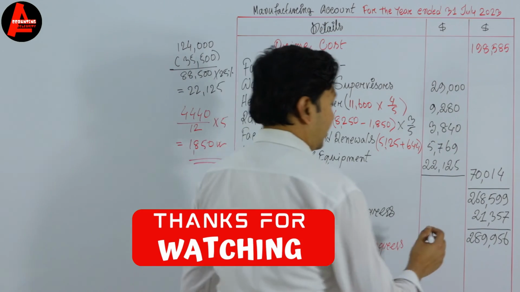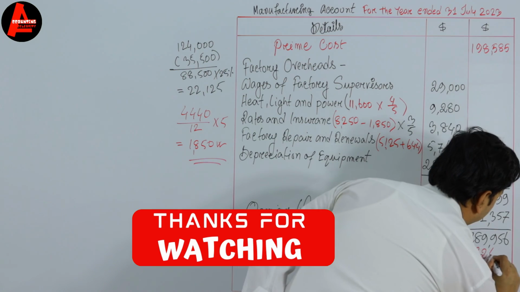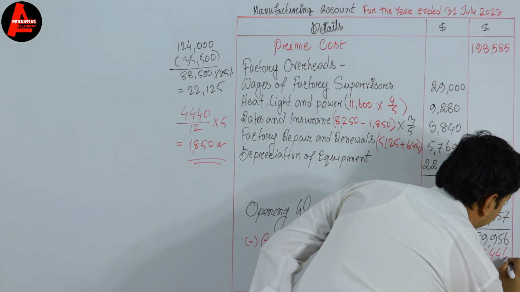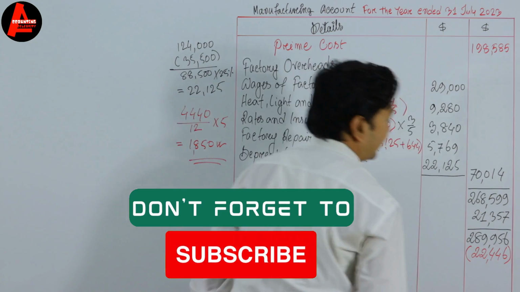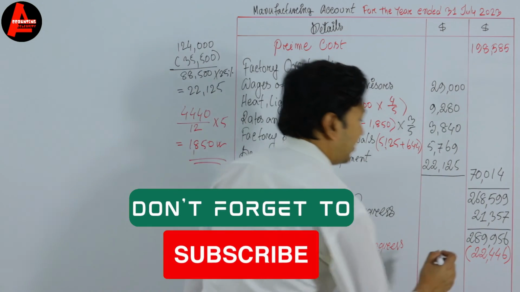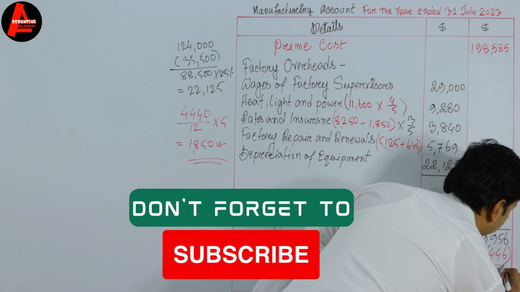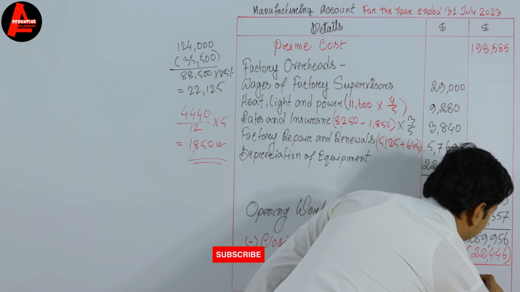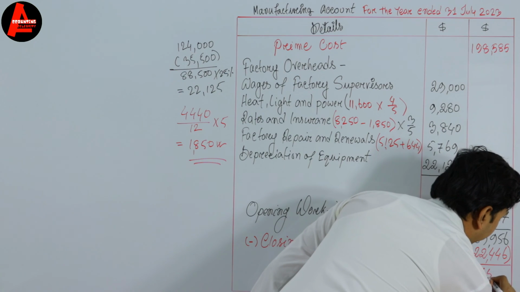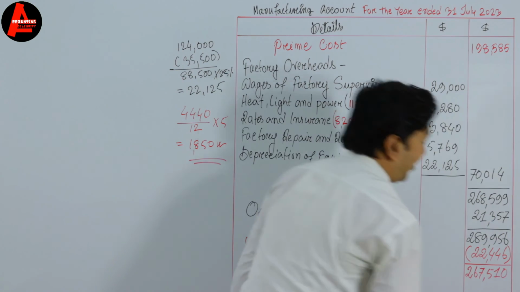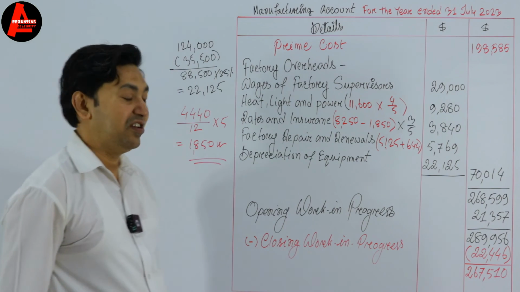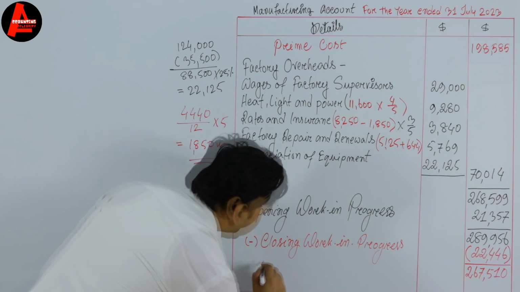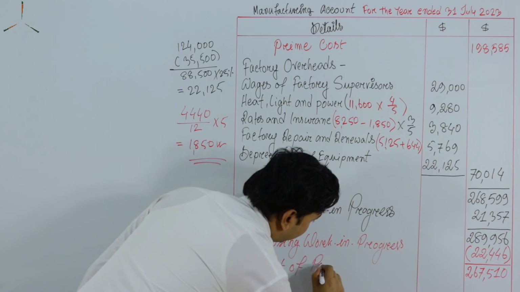So let us write here $22,446. Okay, so we will subtract this amount. So what do you get after subtraction? It is $267,510. Okay, this is our final answer, cost of production. So let us write here cost of production.